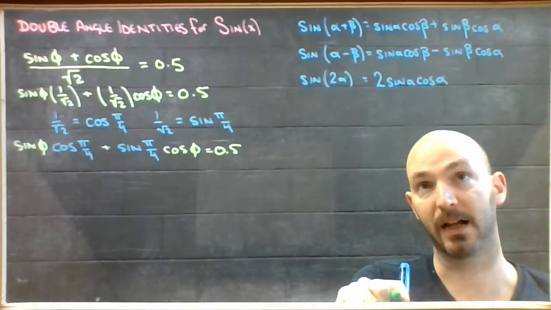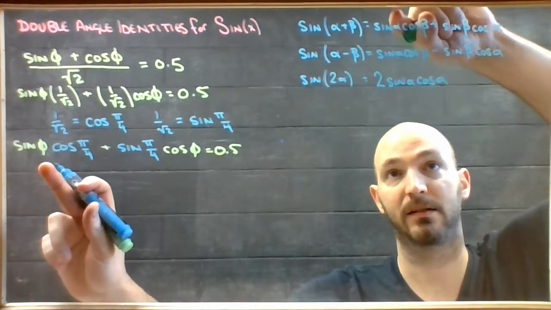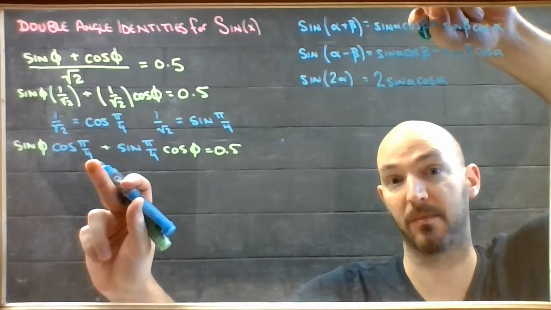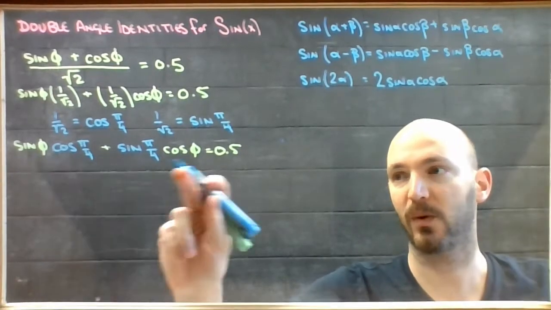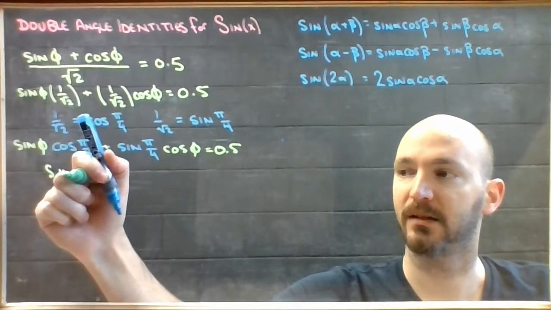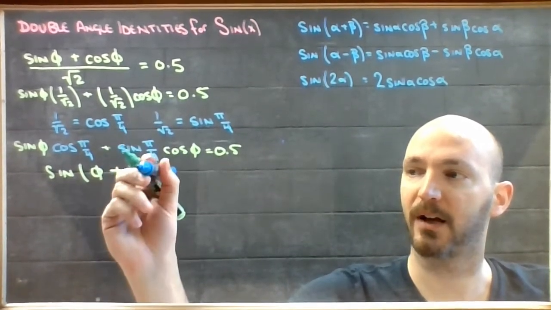And now that I've done that, the phi looks like my alpha piece, and the pi over 4 looks like my beta piece. So this whole thing is going to collapse down into the sine of phi plus pi over 4.